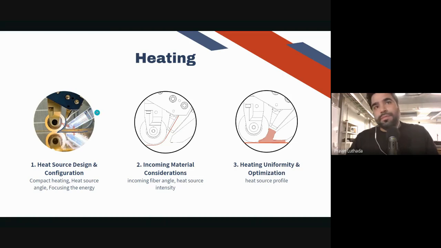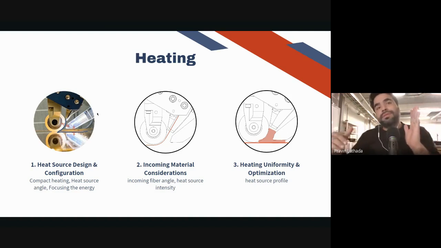This is quite a compact flash lamp, which allows you to do quite complex geometries. It's very critical to have a heating system that is compact, so that with a complex geometry it won't collide with anything. And the ability of the heat source to get really close to the nip point is very, very crucial.